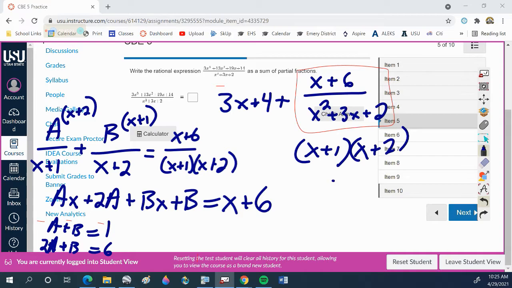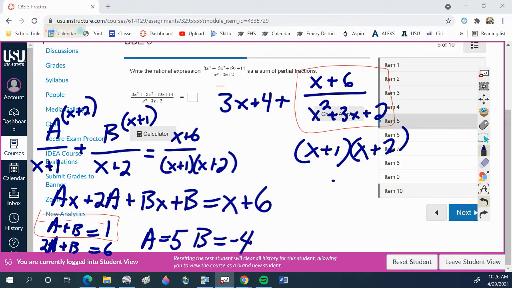This should be an a. When I add vertically, I get a equals 5. And if a is 5, then b has to be, look here, a plus b equals 1. So b would need to be negative 4.